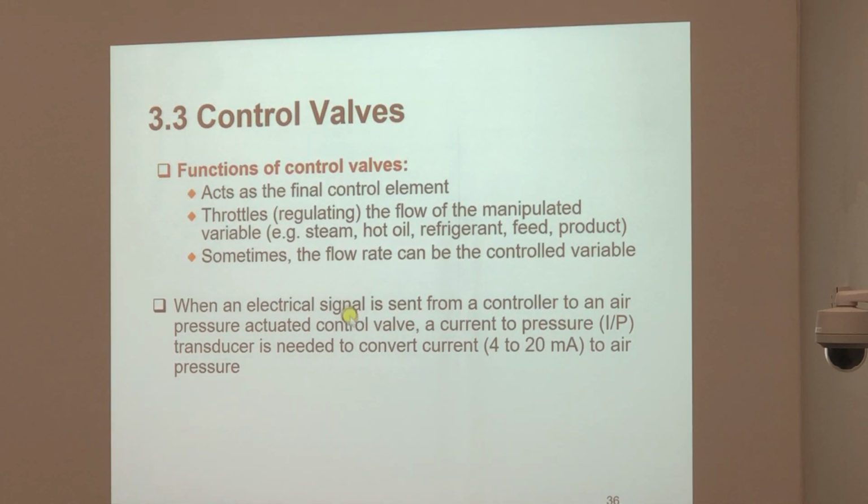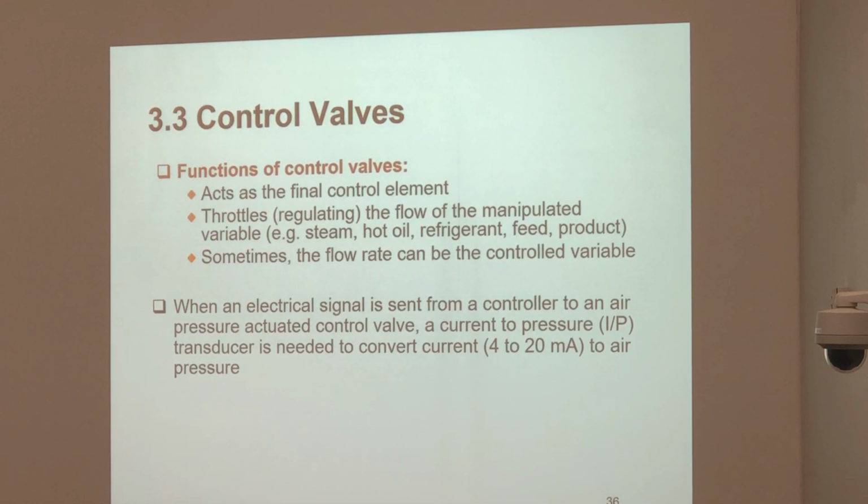When an electrical signal is sent to a pressure-actuated valve, a current to pressure transducer is needed to convert it to air pressure. What does this sentence mean? Over here, what types of control valve do we have for this sentence?